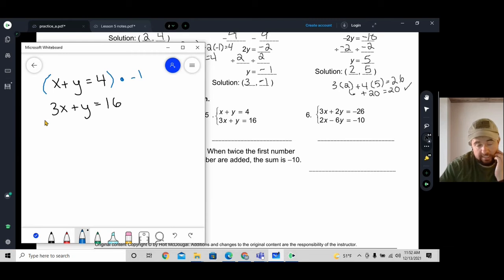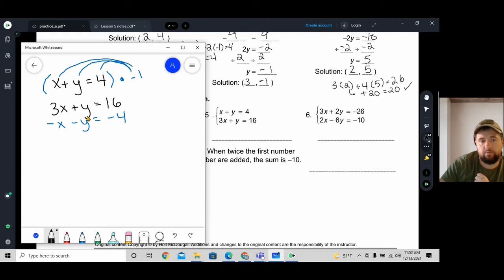That's going to change my top equation into -x minus y equals -4, because this is a proportional relationship, so this -1 multiplies into the whole problem. That's going to leave me with a positive y and a negative y, and they will cancel. So 3x minus x is 2x, 16 minus 4 is 12, 2x equals 12, that means x equals 6.